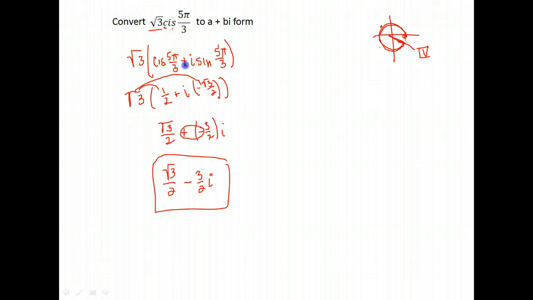Always start with the plus here, but if your values come out to a negative, that's when your negative would show up. So the a plus bi form of this number is root 3 over 2 minus 3 halves I.